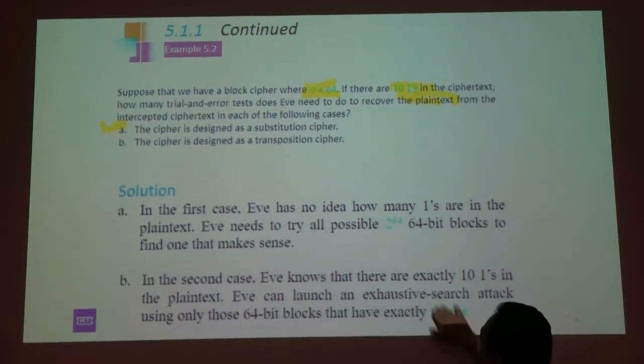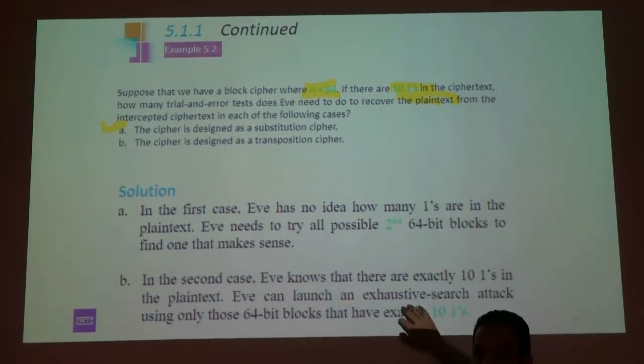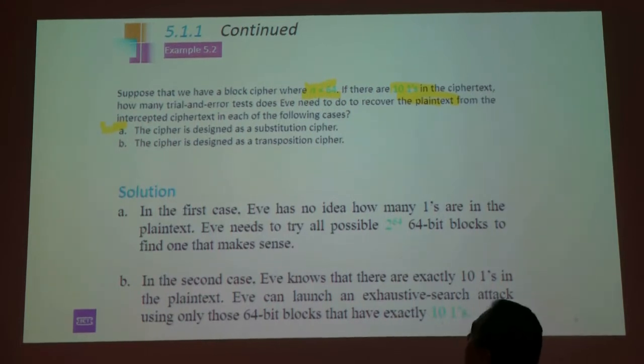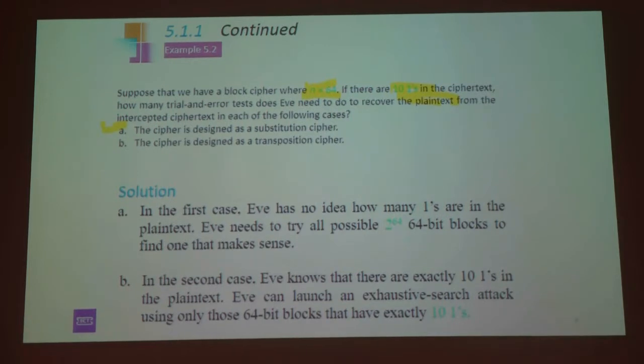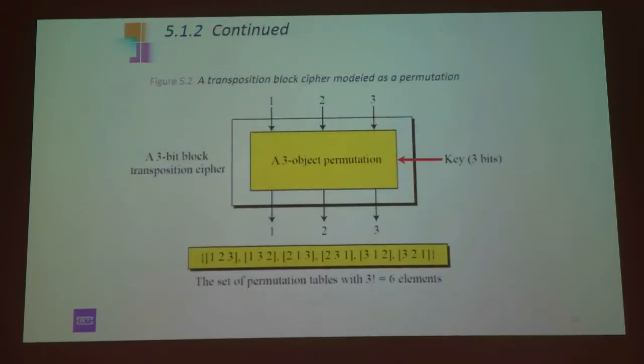So it takes much less effort to figure out the text if you are using only transposition. Definitely substitution is much stronger and much more needed, but transposition is always needed. Anyways, let me skip this.